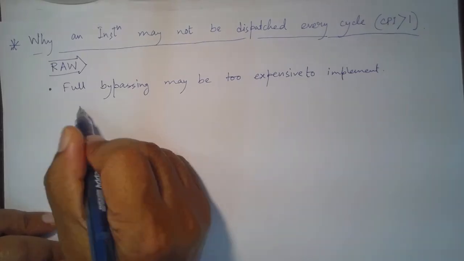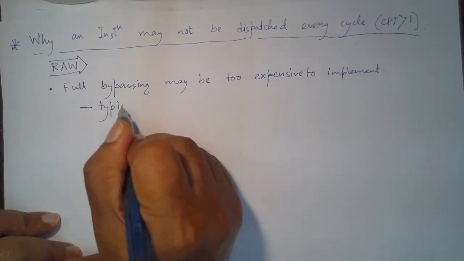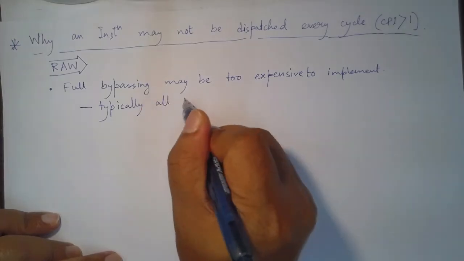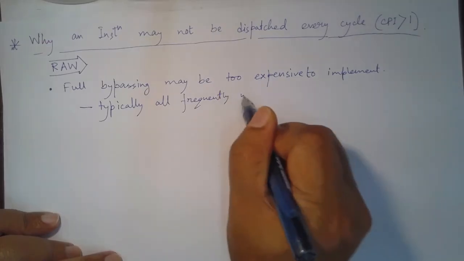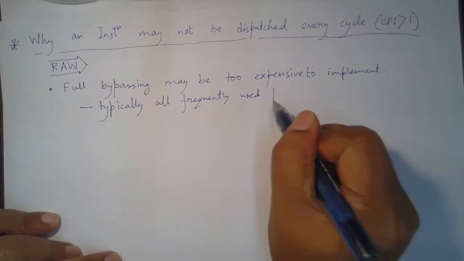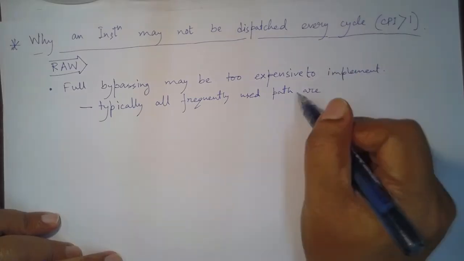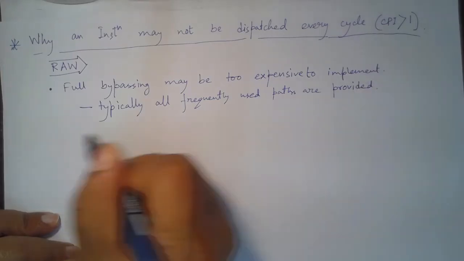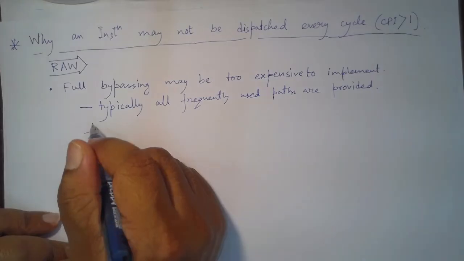So typically all frequently used paths are provided with bypassing. The not so frequently used paths can result in overhead.